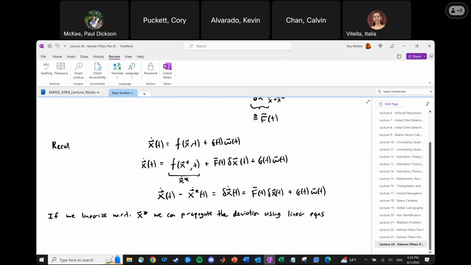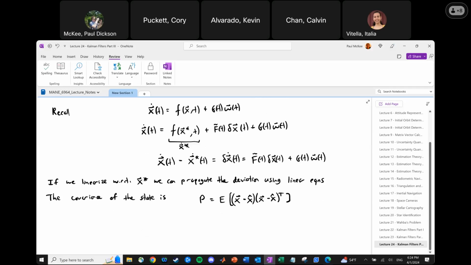Okay. Now, the covariance, this is where it gets kind of cool. The covariance of the state is, so this is old news, right? We know P is the expected value of our state minus our best guess times the true state minus our best guess transpose. We've seen that equation more times than we've had hot meals. But check this out.